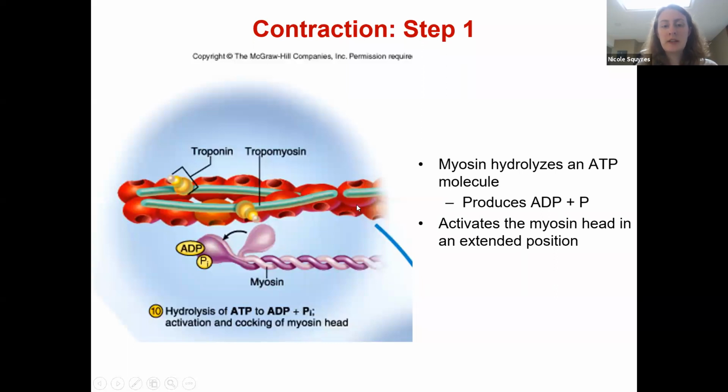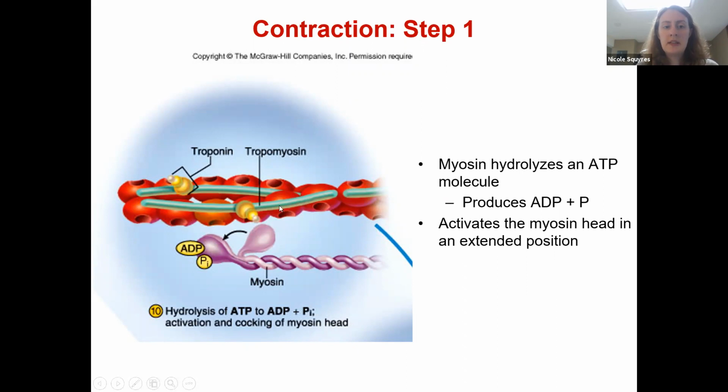Okay, so you have all these calcium ions floating around. And what happens, right, the calcium is going to bind to troponin, and that is going to change the shape of troponin, which changes tropomyosin, moving tropomyosin off of the active sites on actin, okay, off of those myosin binding sites on actin.